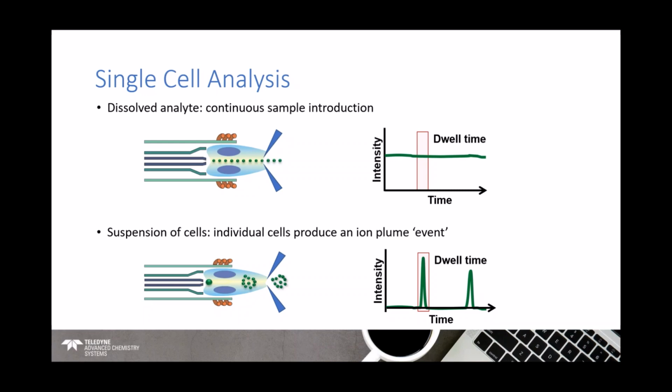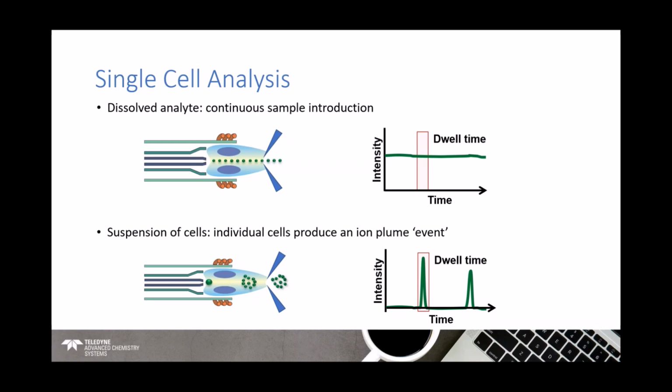But instead of this homogeneous sample where we get a continuous introduction and a continuous signal, as liquid is introduced to the nebulizer, we have cells coming through from the suspension, and these cells hit the plasma. A cell will be broken down, atomized and ionized in the same way, but instead of that continuous signal, you get an ion plume. So more like an individual event, like a pocket of ions going through the system.